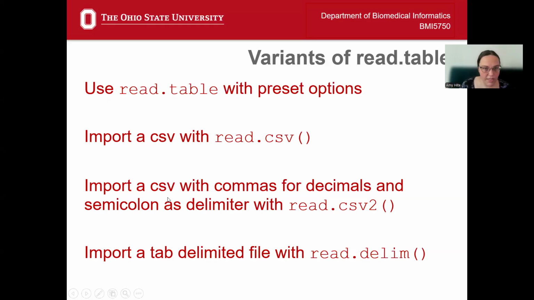Let's see, if you want to import a CSV with commas for decimals and semicolons as delimiters, then there's read.csv2. If you want a tab delimited file imported, you can use read.delim instead of read.table, where you don't have to specify the delimiter as a tab.